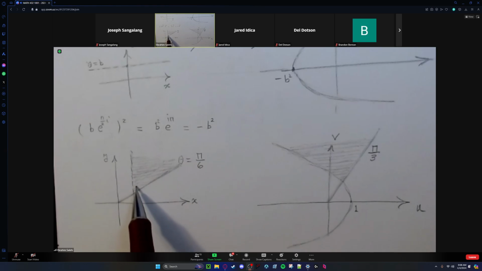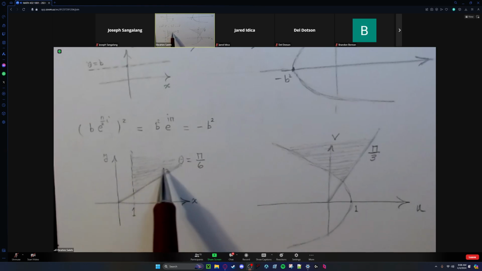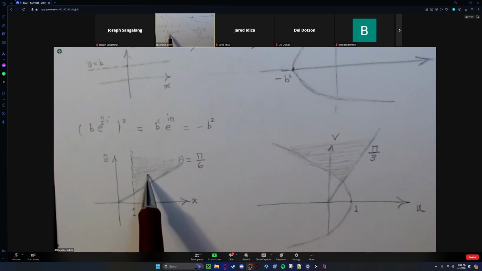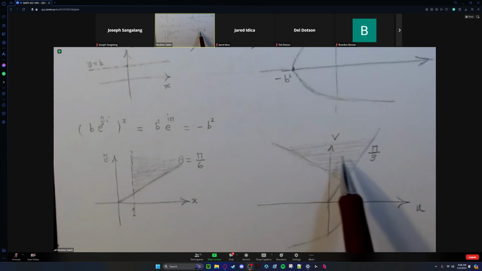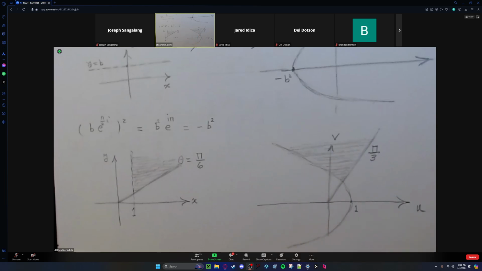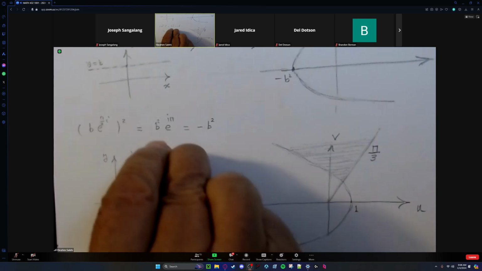So this shaded region, if you apply z squared, becomes this shaded region in the UV plane, okay? All right? Any comment, any question?